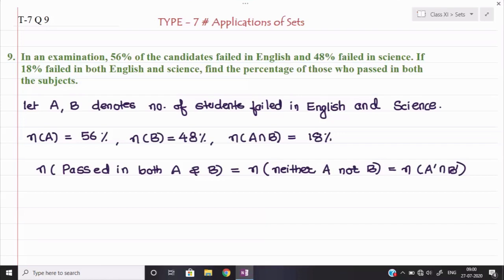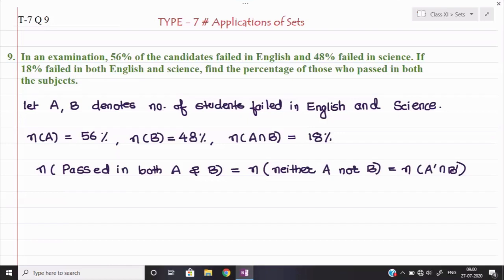Now remember, whenever the case of neither nor is given, there is a great chance the total figure will be the value of the universal set. Means here we can say that in a class there will be a total of 4 kinds of students. One, they may have failed in English. Second, they may have failed in science. Third, they may have failed in both English and science.